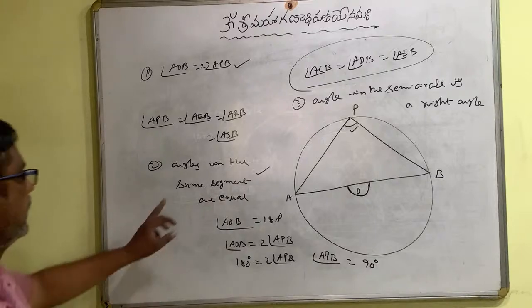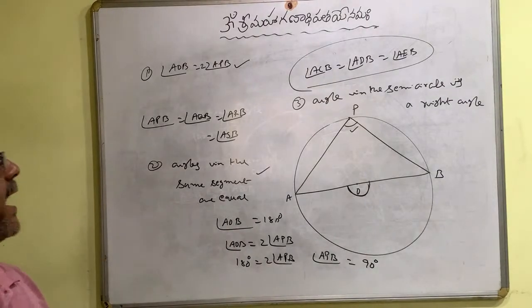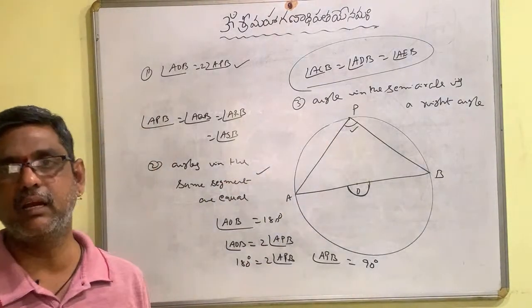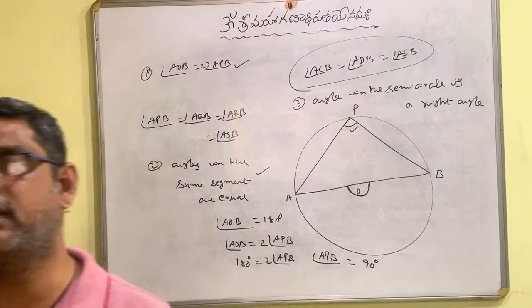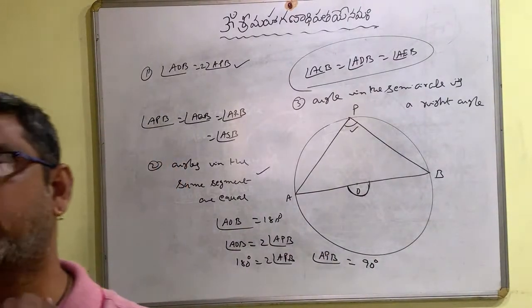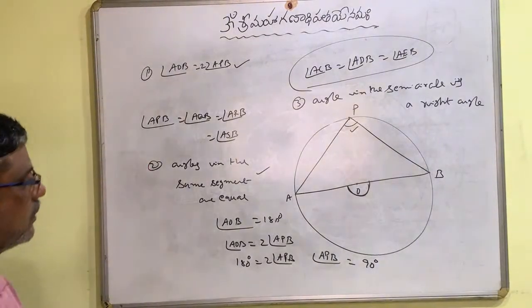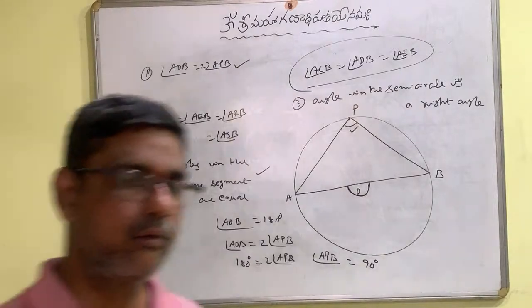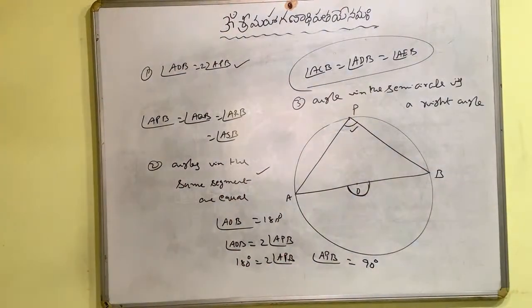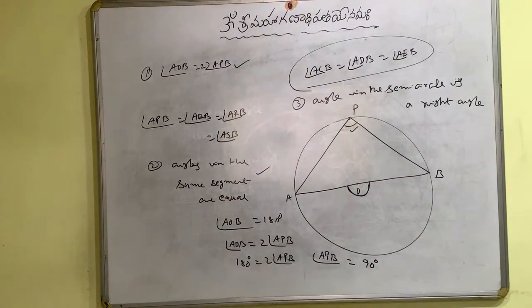Third property, angle in the semicircle is a right angle. Okay? These are the three very important properties that you should know for solving the problems in the 9.3 exercise, children.